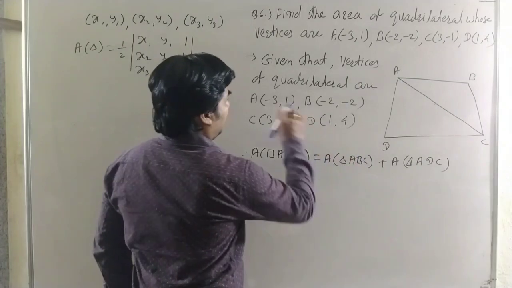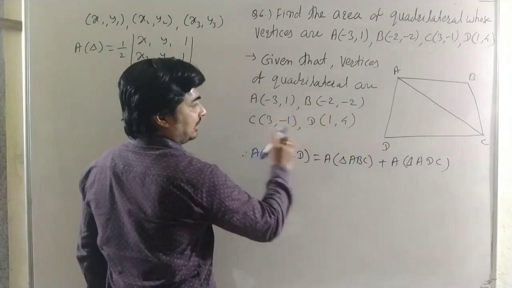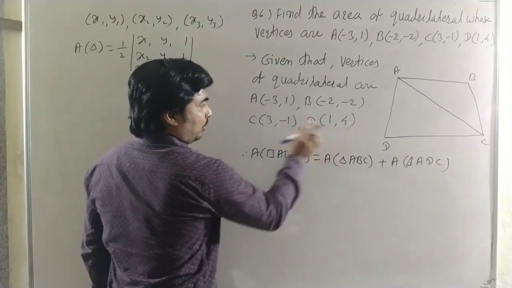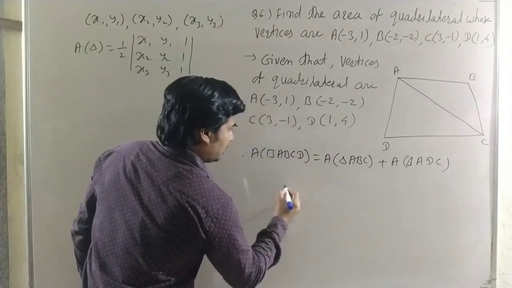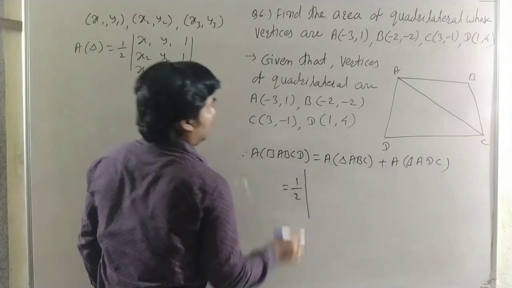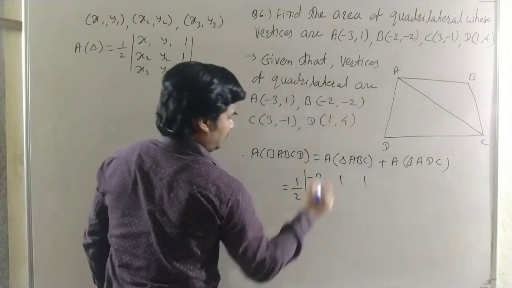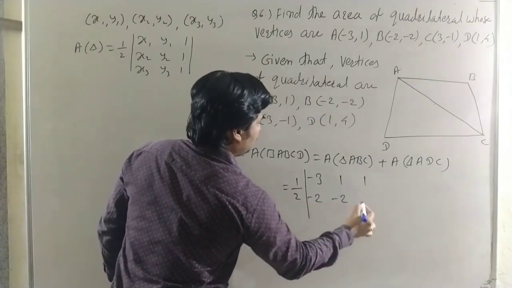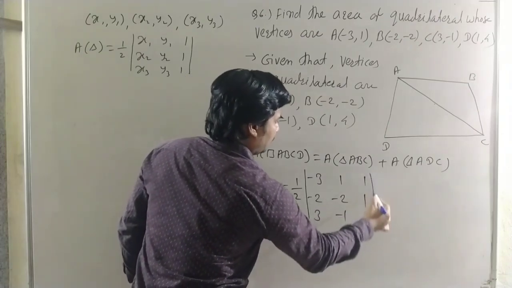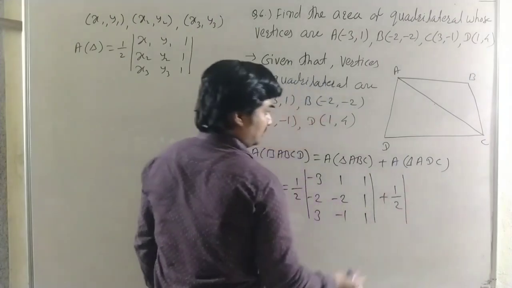For triangle ABC, the vertices are x1 y1, x2 y2 and x3 y3. Therefore we can write 1/2 times the determinant with rows -3, 1, 1; -2, -2, 1; and 3, -1, 1, plus 1/2 times the determinant for ADC.